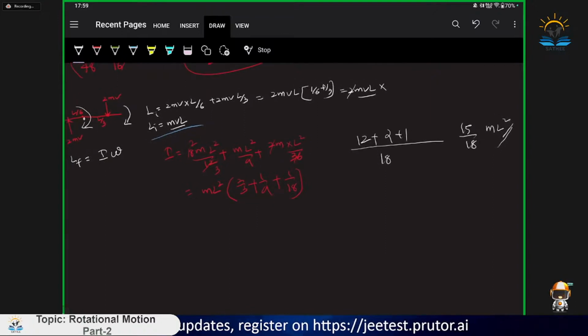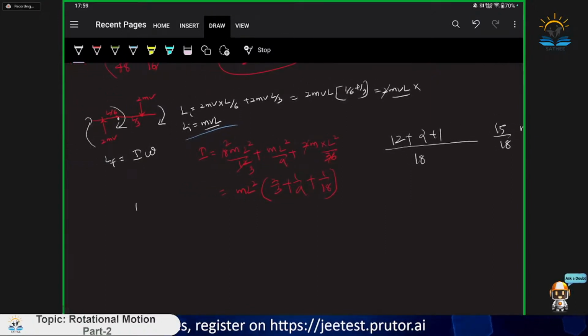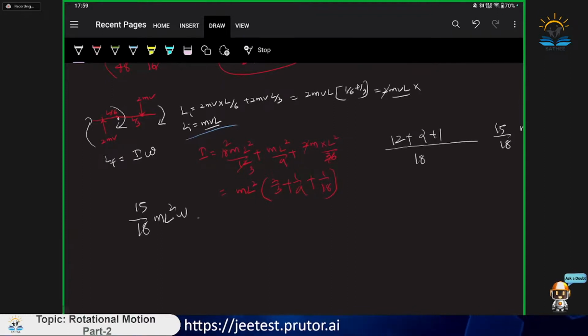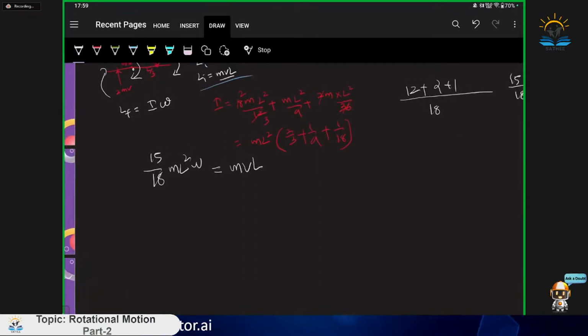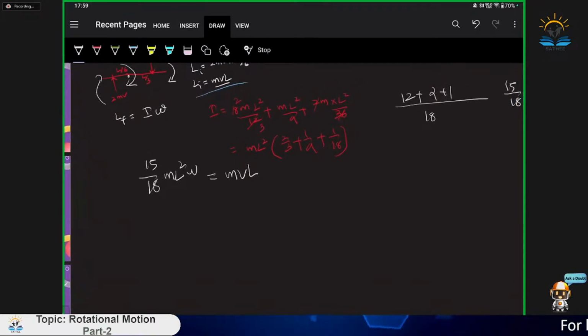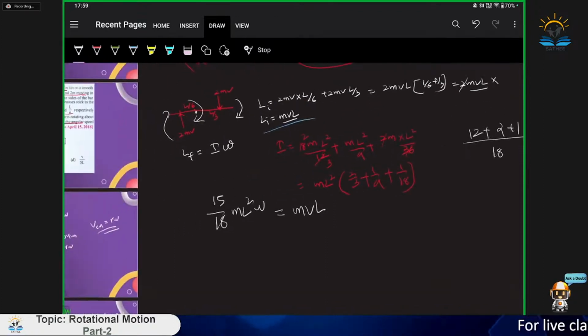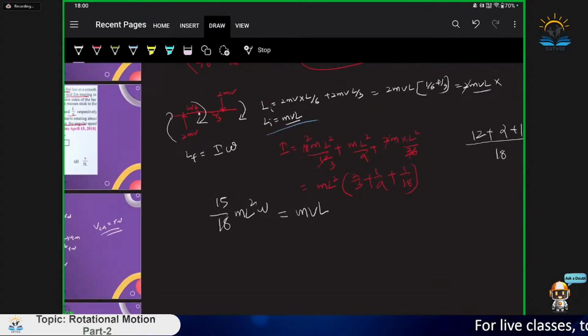Okay, so 15 by 18 m L square omega is equal to m v L, the initial momentum. You have to find out omega, right?